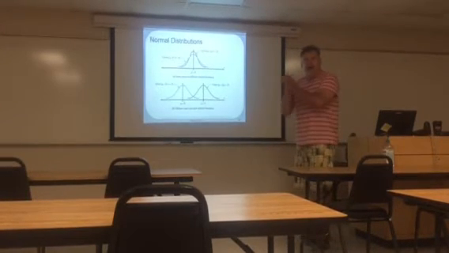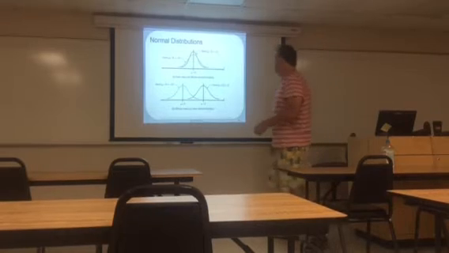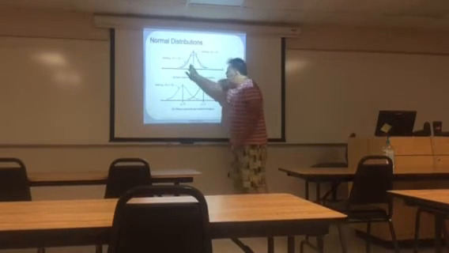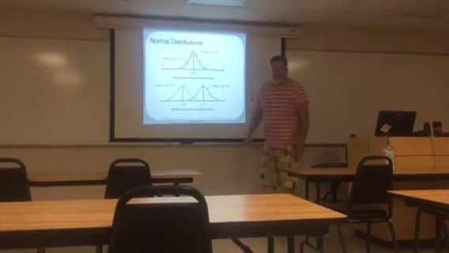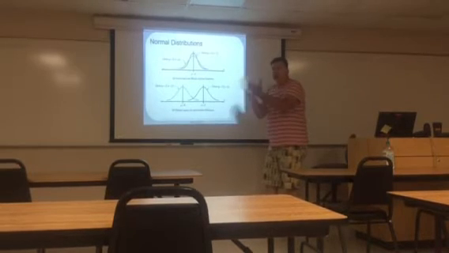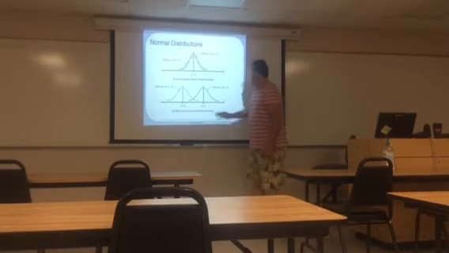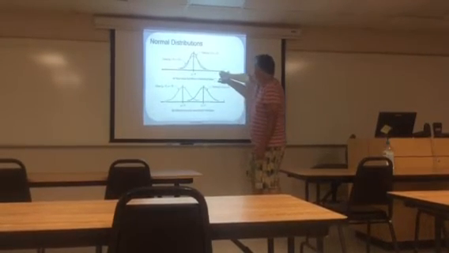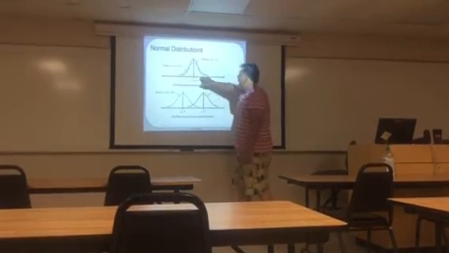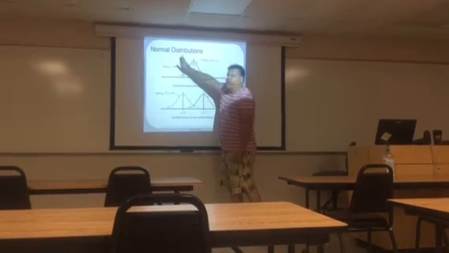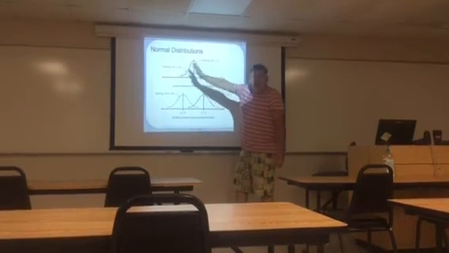So we're going to have positive values to the right of the distribution, and negative values to the left of the distribution. We're going to break up this distribution, and it's the same thing as a frequency distribution. We're going to have scores along the x-axis, and frequencies on the y-axis.